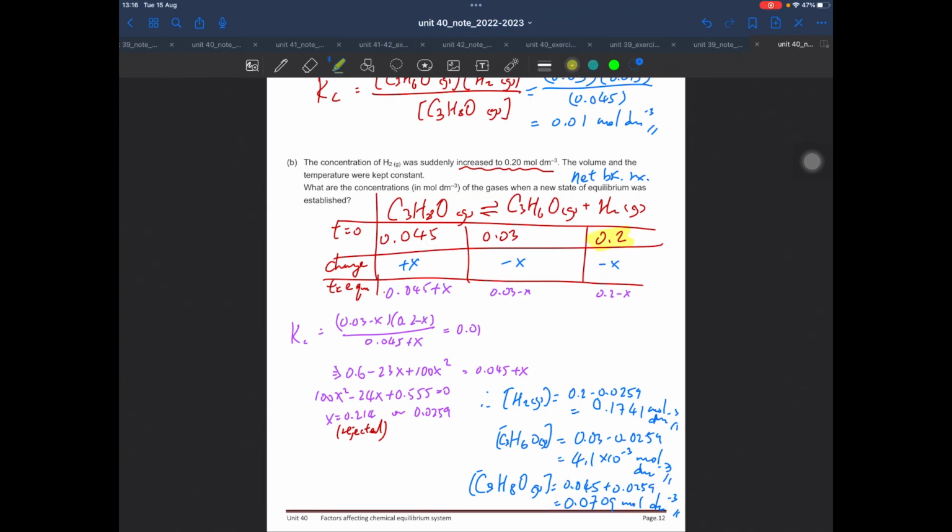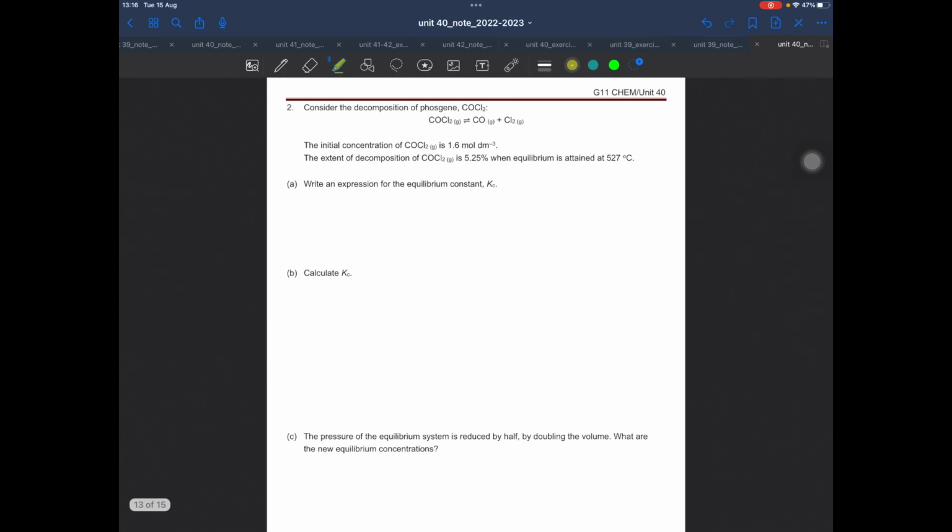So you can see the key point is once you get the correct position in the RICE, everything is simple. So please pay attention to the position, okay? Right, let's finish the final question.